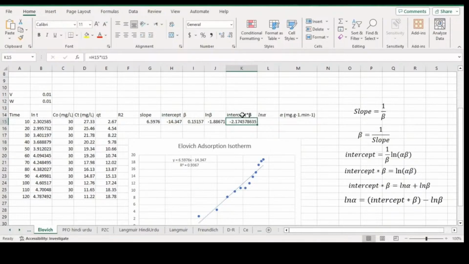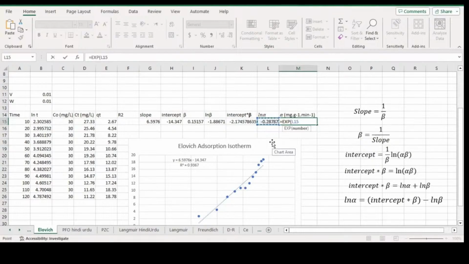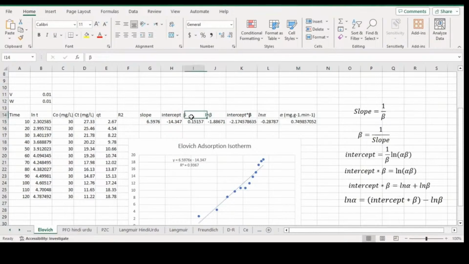Our alpha will be equal to the exponent of the ln alpha value. This will give you the alpha value. So our alpha value is 0.749, while our beta value is 0.15.